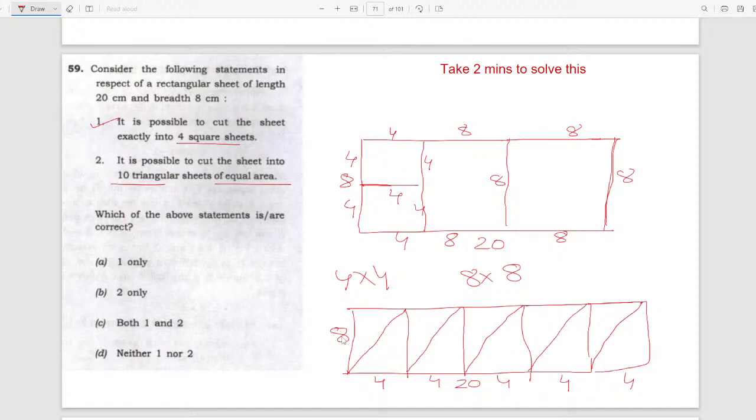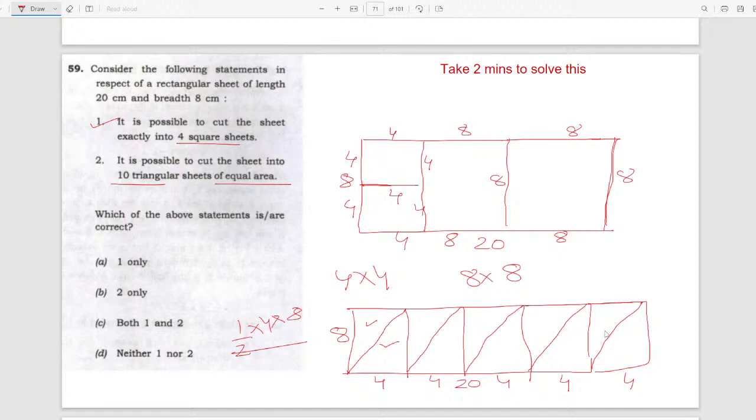I've drawn a diagonal here. These two triangles have the same area, because half into base is the same and height is also the same: base is 4 and height is 8. So these two triangles have the same area, and these two triangles have the same area.